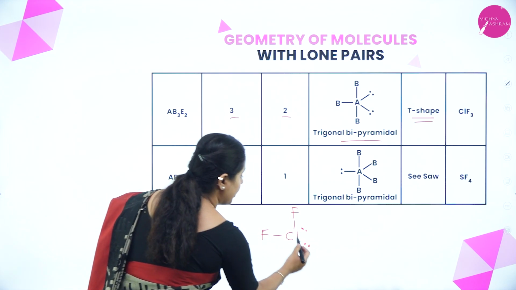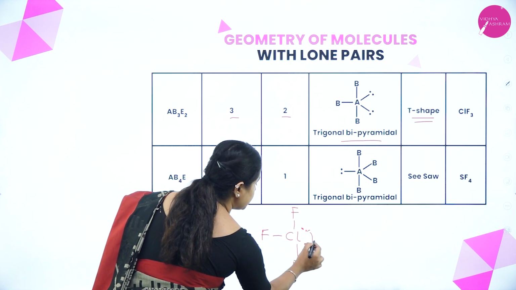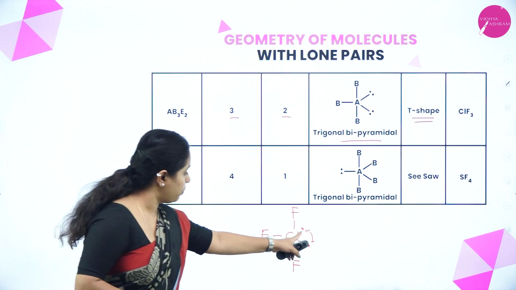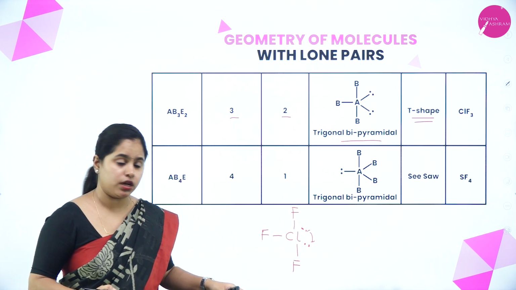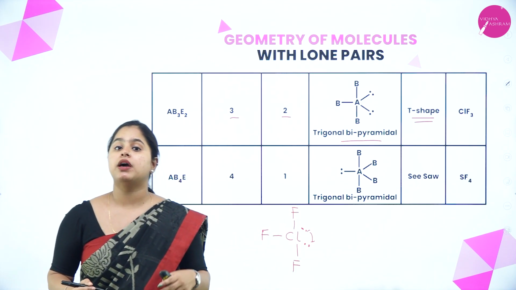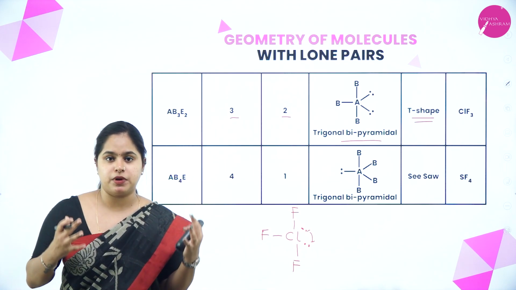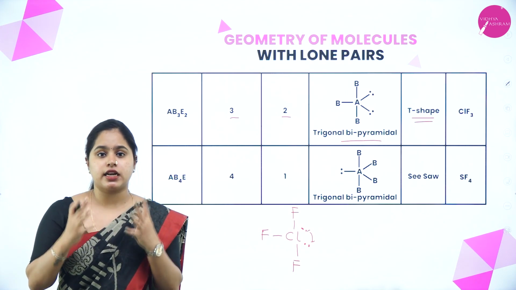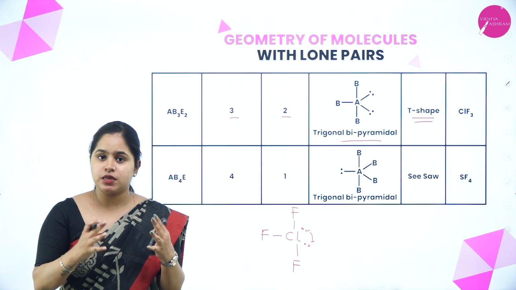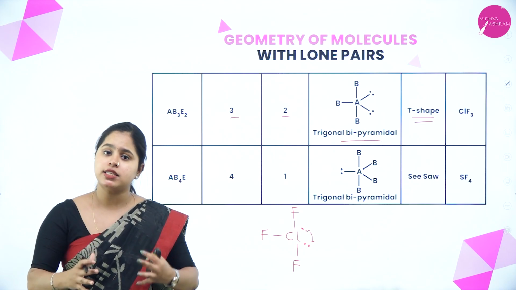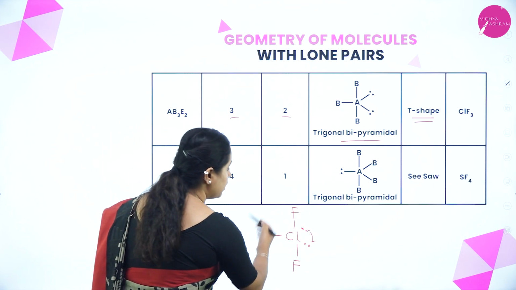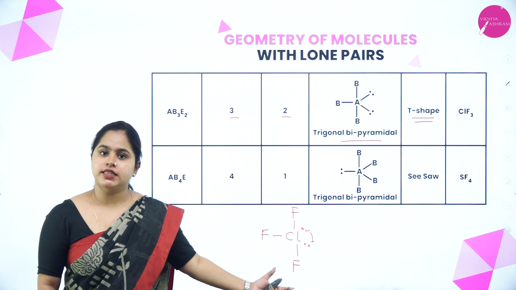The lone pair and lone pair will start repelling each other, and the lone pairs and bond pairs also repel each other, and the bond pair and bond pair will also repel each other. So finally, after all these repulsions take place and they try to attain maximum distance from each other, they are stable. So now the stable shape for them will be the T shape.